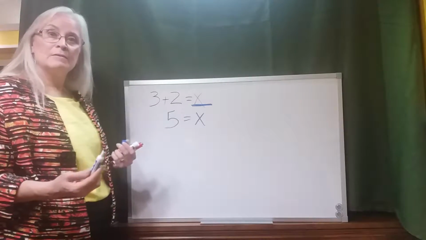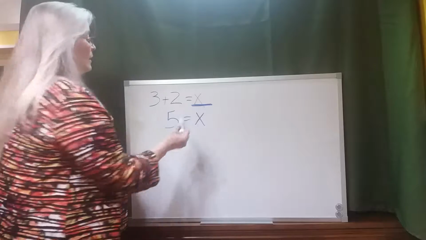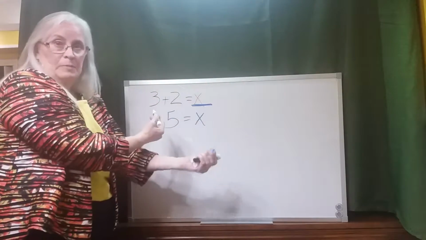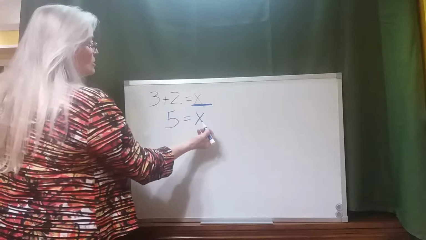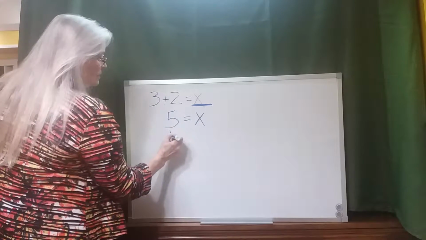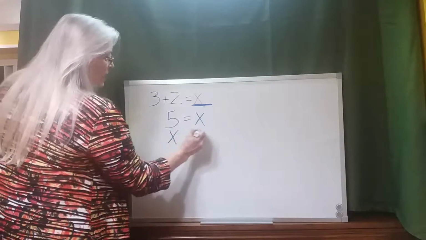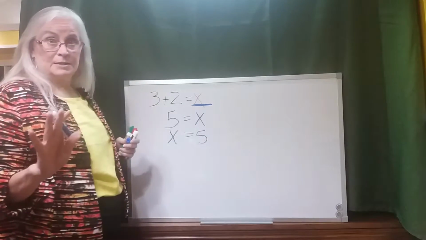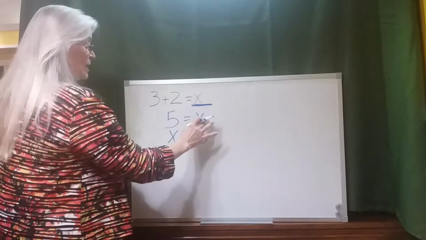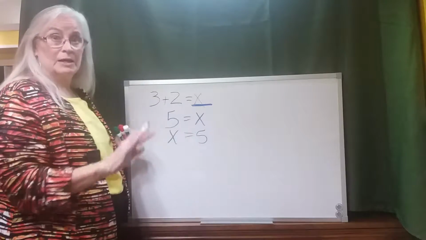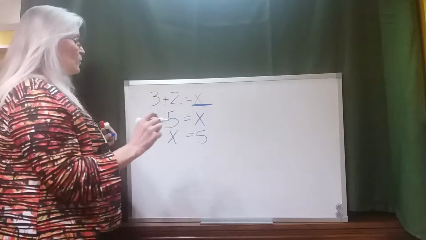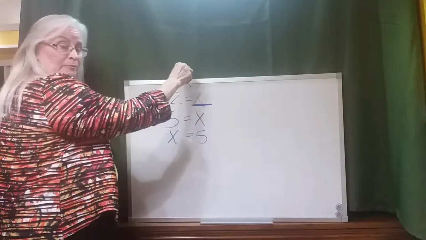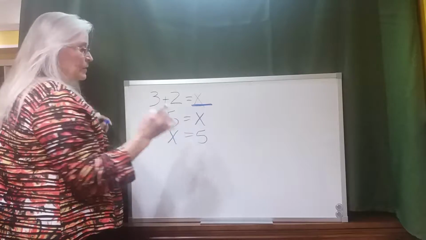And in math, we can do that, as long as we're taking everything from one side and flipping it. Okay? So we're going to bring the X here, the 5 here. It still says the same thing. 5 equals X or X equals 5. That's the same thing. So we have now found out that X, that X right there, equals 5.